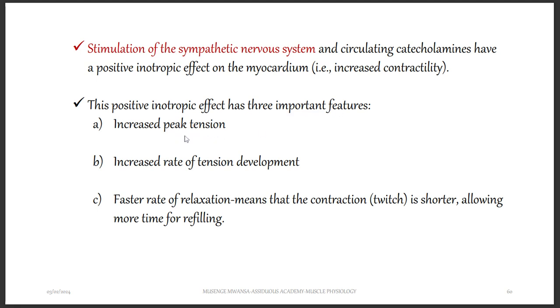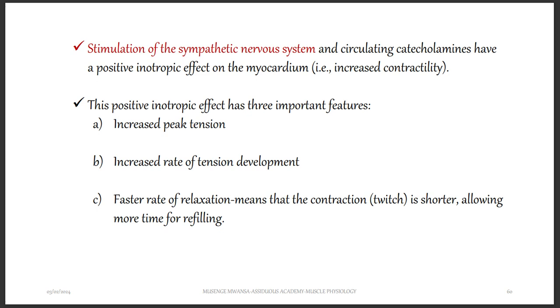They are going to increase peak tension, how much you can go in contraction, increase also the rate of tension, and also a faster rate of relaxation. So they make sure that you relax fast so that you can contract for a shorter period. And that will allow more time for the sarcoplasmic reticulum to be filled again to allow for another contraction. You've seen what is happening. So these are the three things.